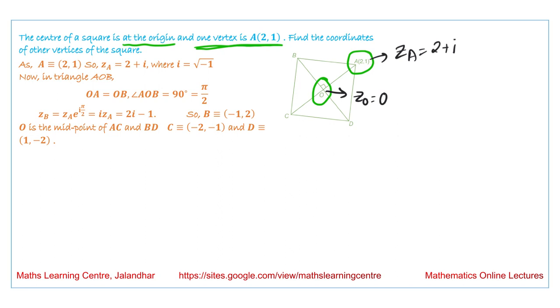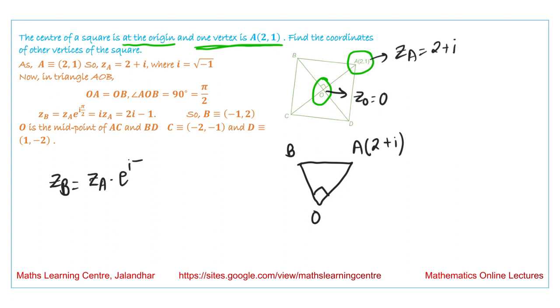Now we are talking about the triangle OAB. This is O, this is A, this is B. This angle is 90 degrees, and A corresponds to 2 plus iota. So we can write ZB is equal to ZA into e raised to the power iota pi by 2.